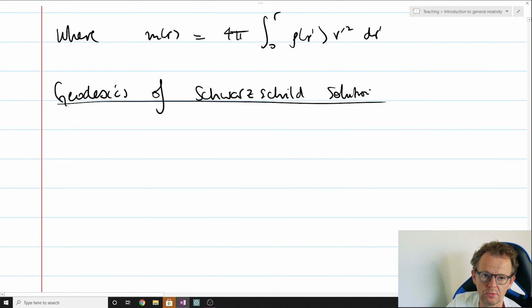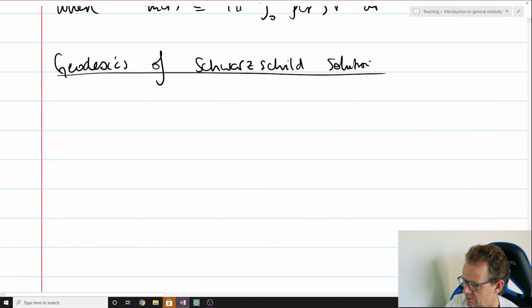And we're going to make our life simple. We're going to derive the motion of test bodies in the exterior region, right? It doesn't really make sense to follow the motion of a test body as it plunges into a star, because you kind of know what's going to happen to the test body as it reaches the star. But it is kind of interesting to think about a test body dropping into a black hole. But we won't do that here.